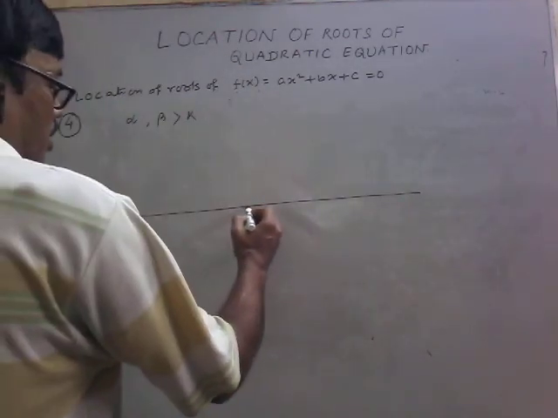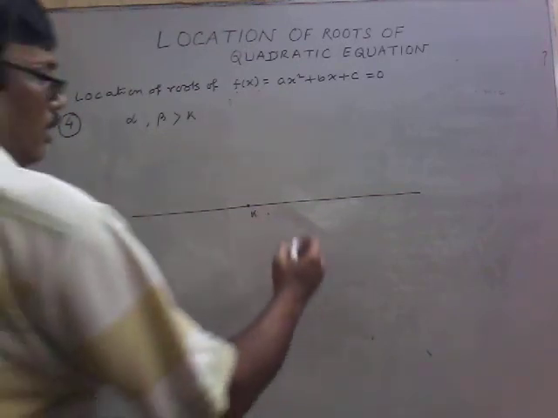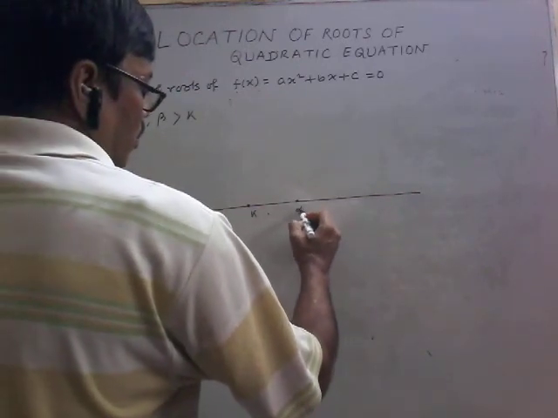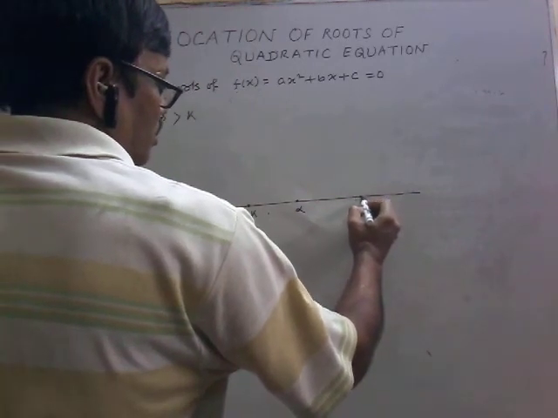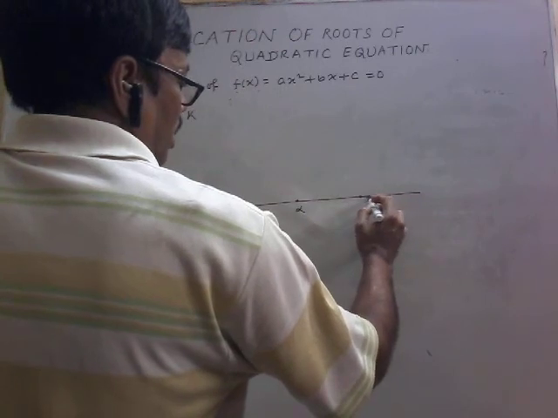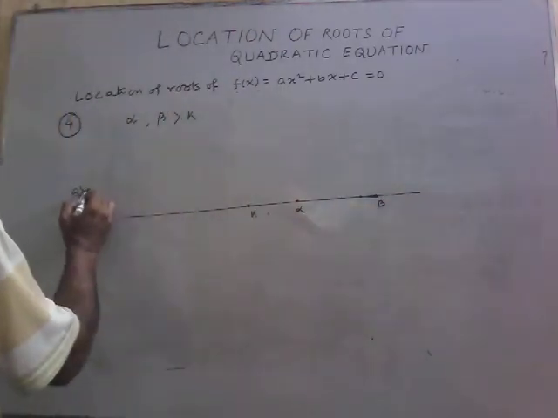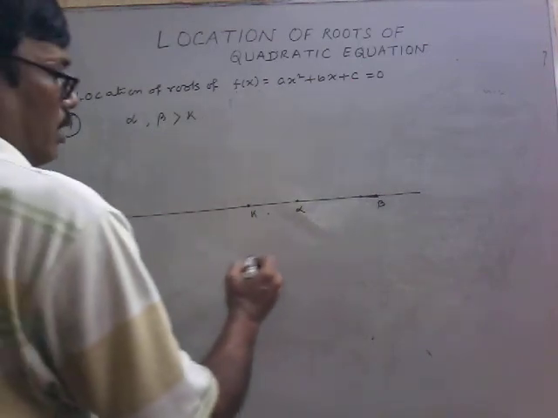So this is k, alpha beta greater than k. So here is alpha. This is, suppose, beta. So for a greater than 0, what will be the figure?